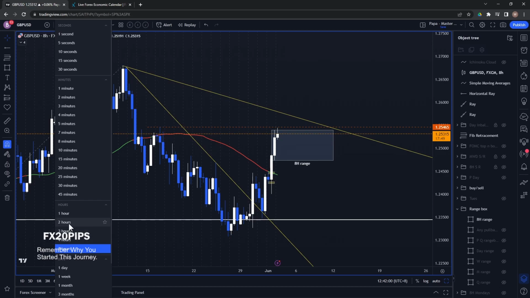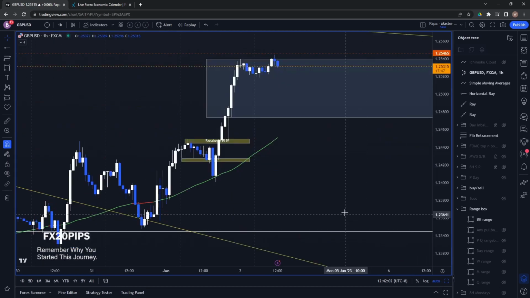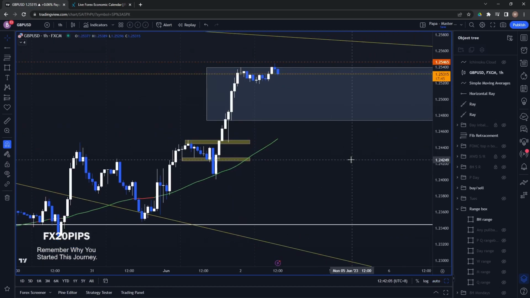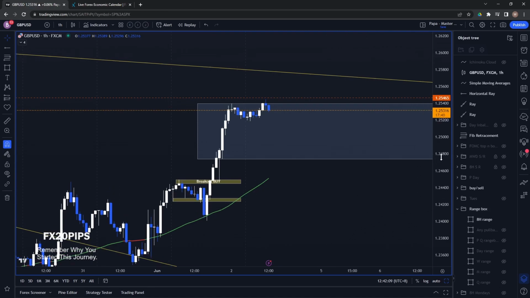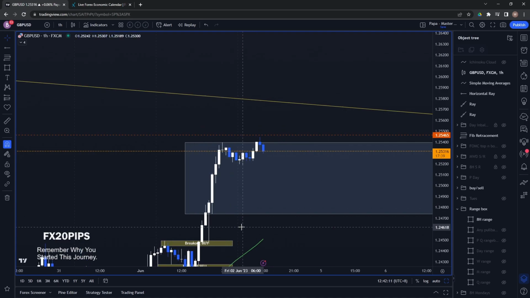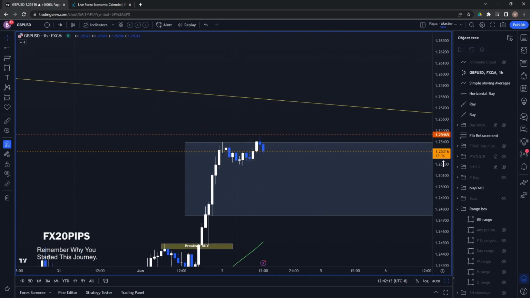Going back to the 1 hour, let's draw a buy and sell zone. What time are we at? 12:42. So this could most probably be the high of the Asia, and this is the body, so there'll be 2 lines here. And then this could be the low of the Asia and the body, so I'm just going to draw here.